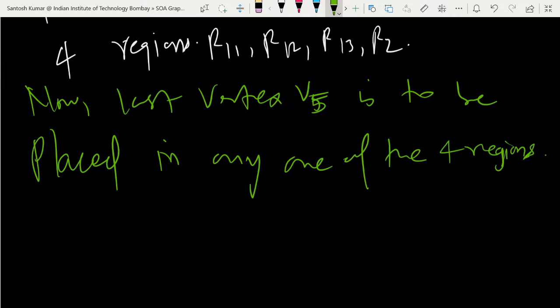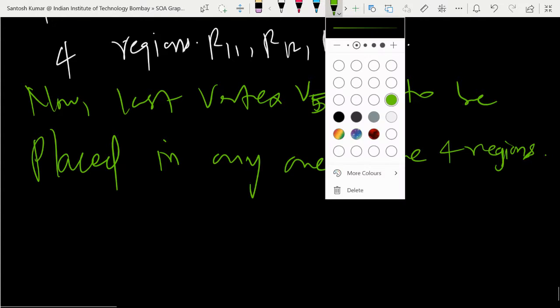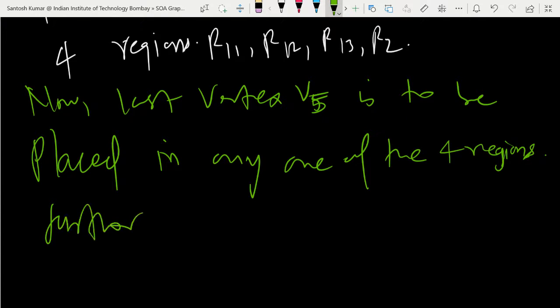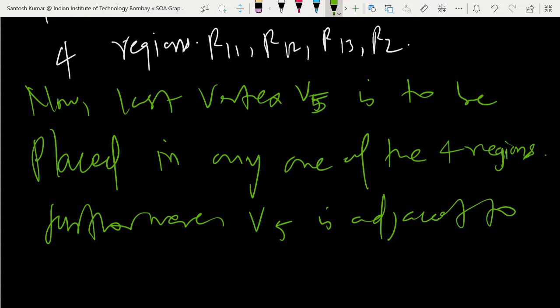And you also know wherever you place V5, it will be adjacent to V1, V2, V3, V4, right? Furthermore, V5 is adjacent to V1, V2, V3 and V4.